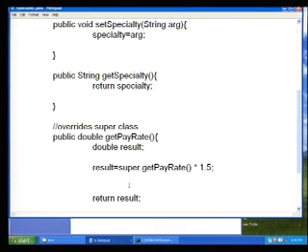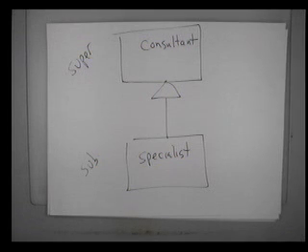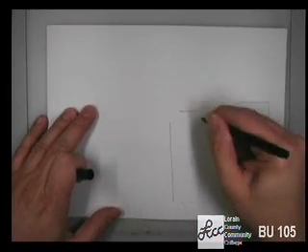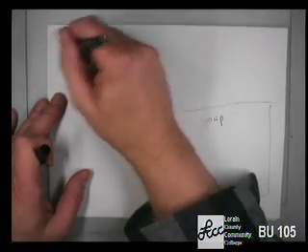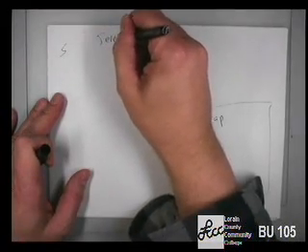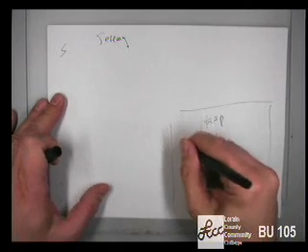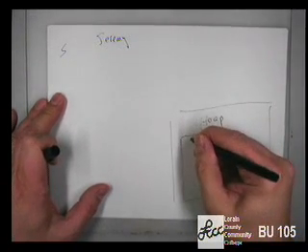So, in other words, when we create an object on the heap, my test code created a specialist called Jeremy. It created a specialist object here.